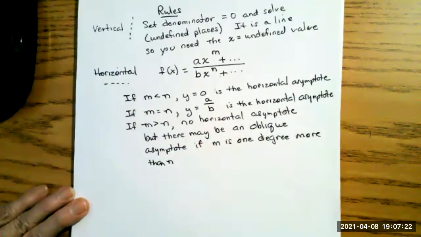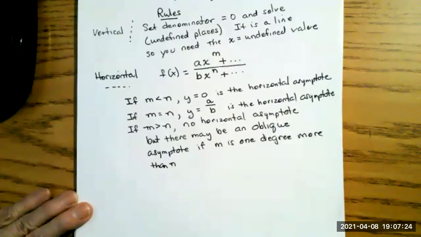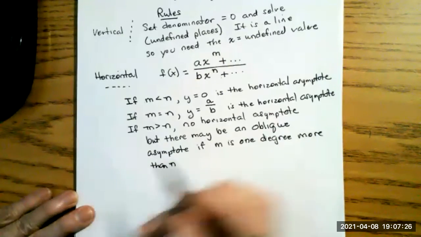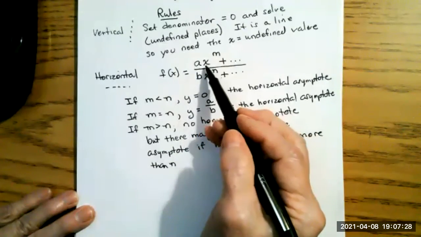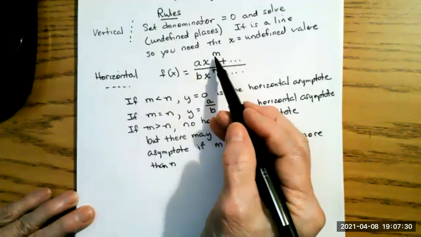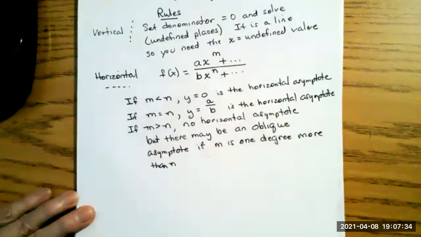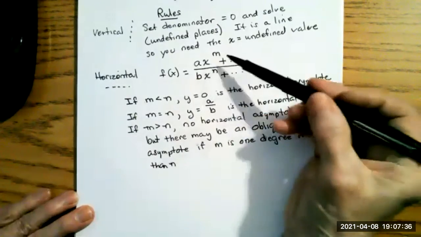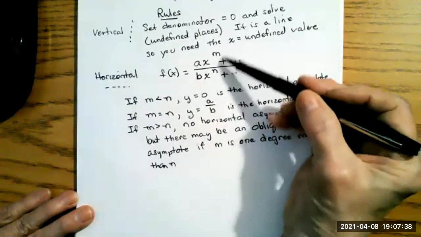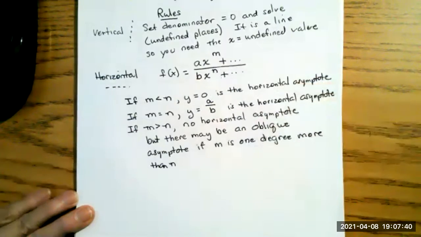Okay, so let's go over those rules again. Horizontal, you're going to have some number times some x to some power over some number times the x to some power down here. And you're comparing these little exponents. If m is less than n, y equals 0 is the horizontal asymptote.